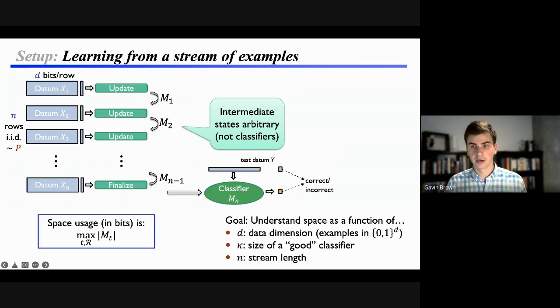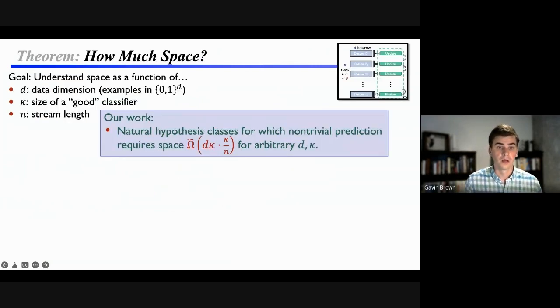This will become clear in a little bit. We're dealing with hypothesis classes, so we'll have a size for each element of the hypothesis class. And n, the string length, is the other parameter we'll care about. Our main result says that there are natural hypothesis classes for which non-trivial prediction requires space d times kappa over n.